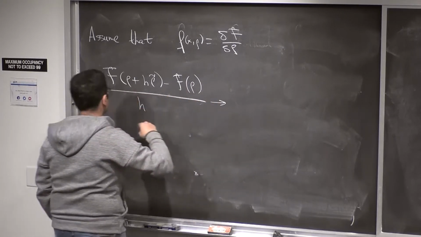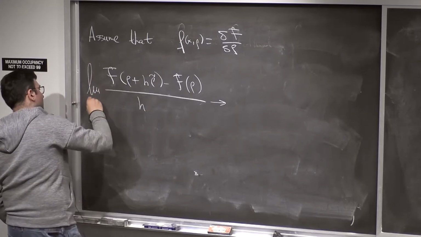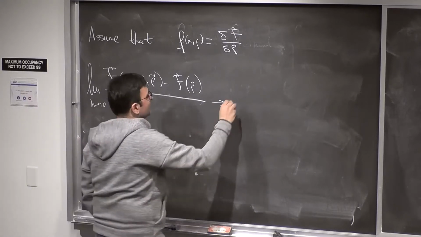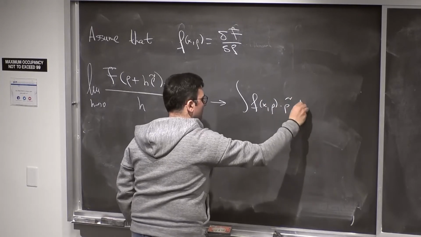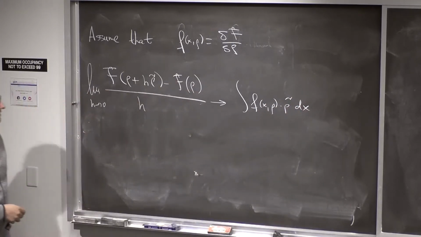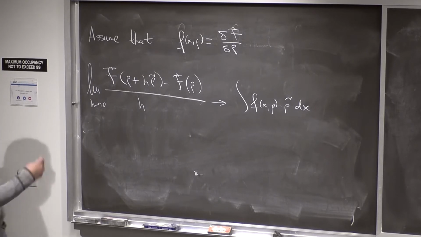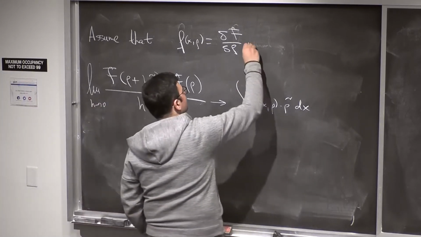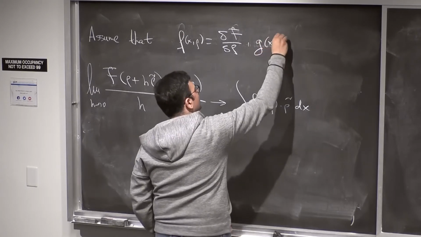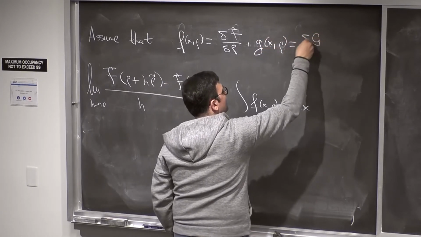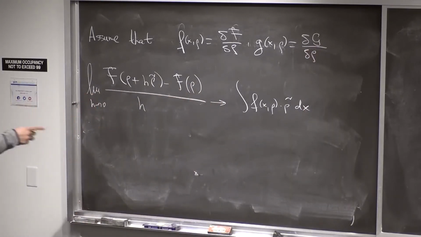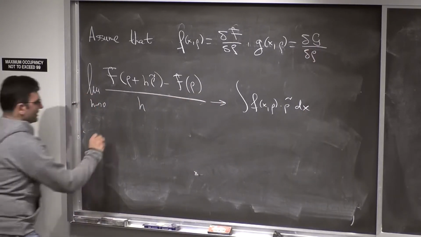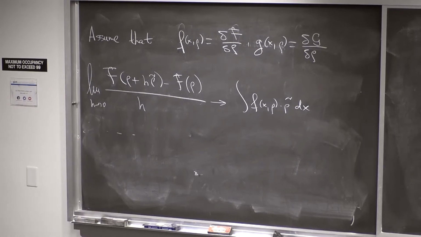So this converges to, so it's just a directional derivative, or variational derivative. And also we assume that G is also a variational derivative, and that a similar definition holds for that.